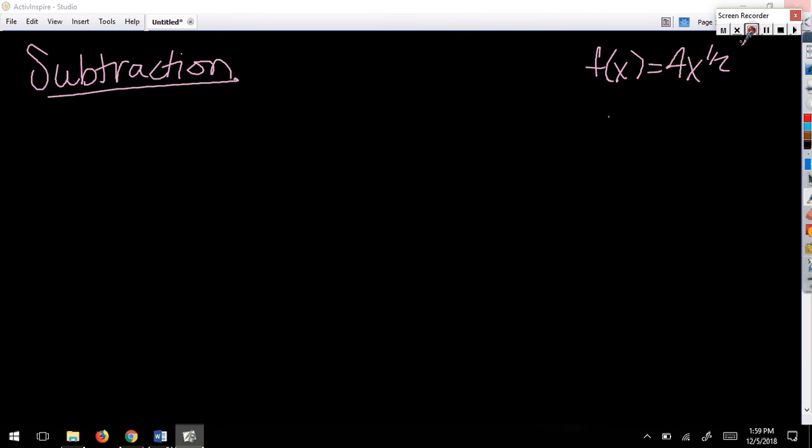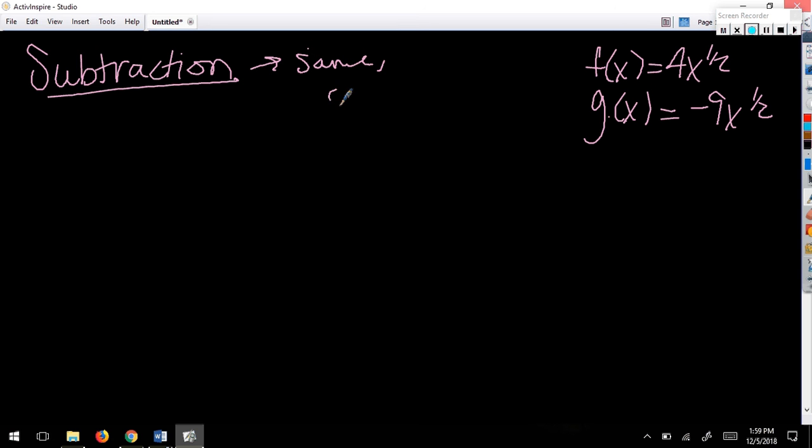And g of x is negative 9x to the 1/2, okay? Remember, subtraction is addition. It's just adding negatives of what you have, right? So if we do a same, change kind of scenario, we have addition again. Same, change.